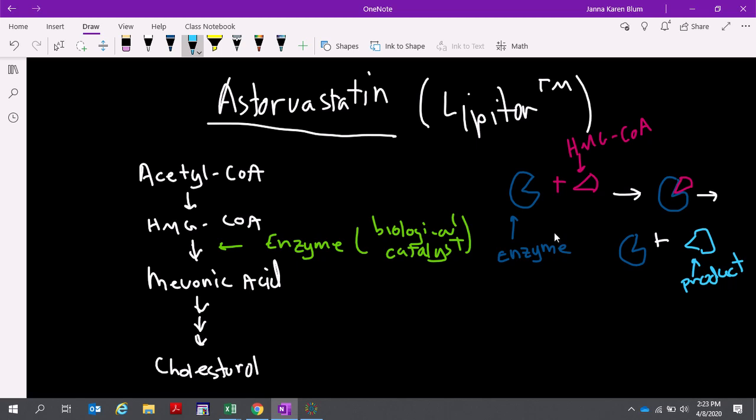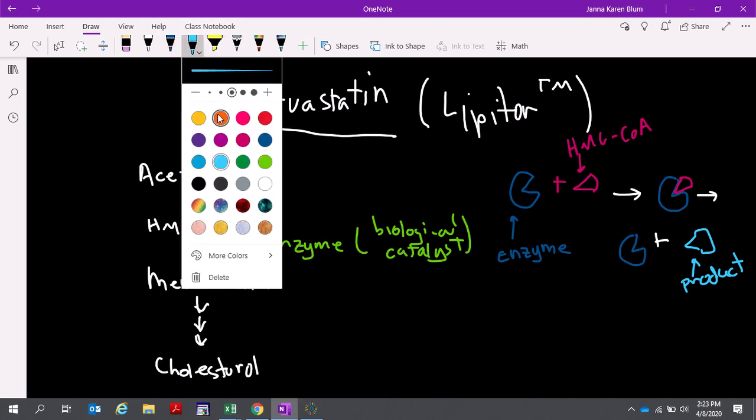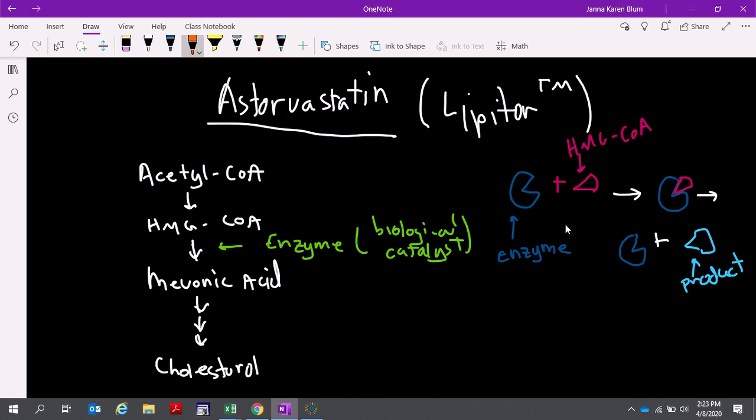But with Lipitor hanging around, what happens is we have a Lipitor molecule. Let's say Lipitor looks like this. And with Lipitor coming around, it's now going to compete for this same part of the enzyme.